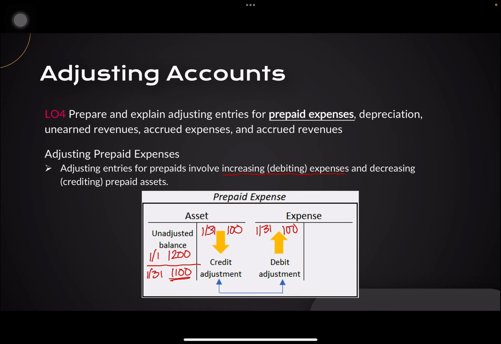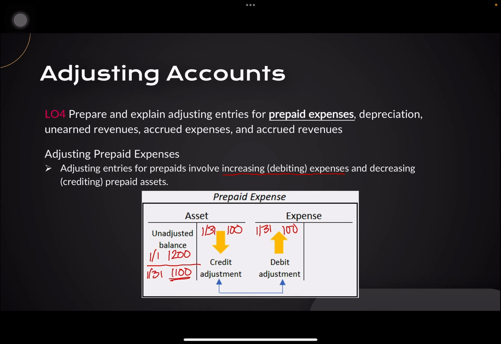The second question is, how much is your prepaid expense at the end of the month, or at the end of the period? Then the answer would be deducting your unadjusted balance, your 1,200, by your expired amount of $100. Then the answer there would be 1,100.